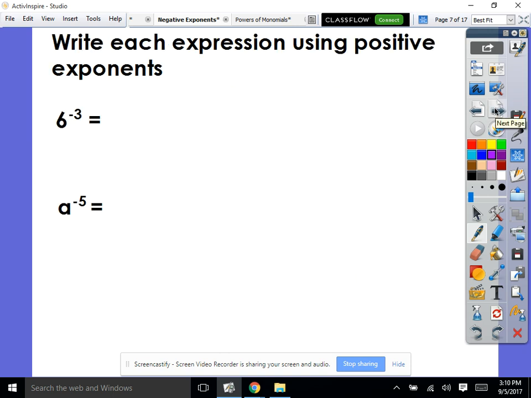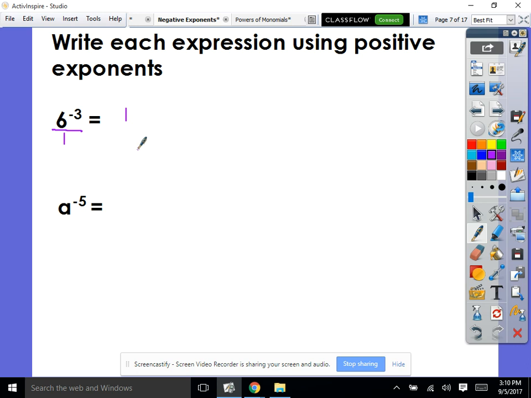All right, so if we want to write 6 to the negative 3rd power without using a negative exponent, what can I put this number over so that I won't change its value? What denominator can I give any number, or what can I divide any number by, that won't change its value? Well, that would be 1. So now we can switch our numerator and our denominator.